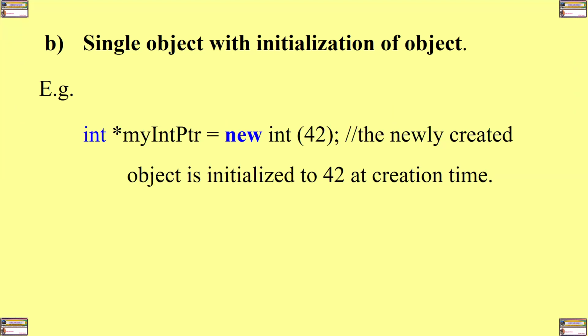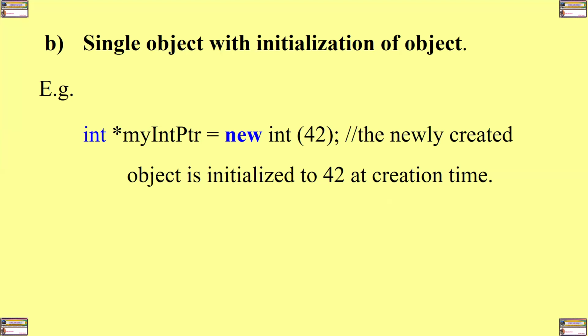So the new memory that has been set aside to hold the value of type integer is being assigned the value 42 during creation. And at the same time, the pointer that is being declared is also being initialized to the memory address of the new variable of type integer in which value 42 is stored.